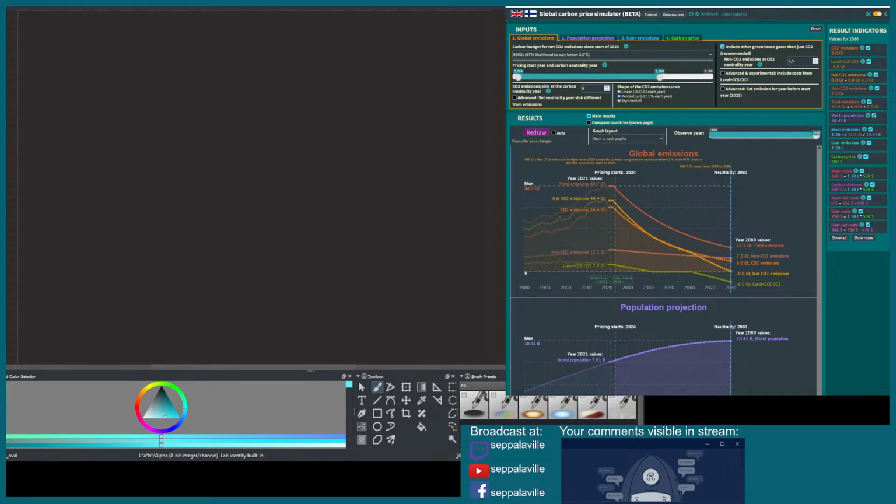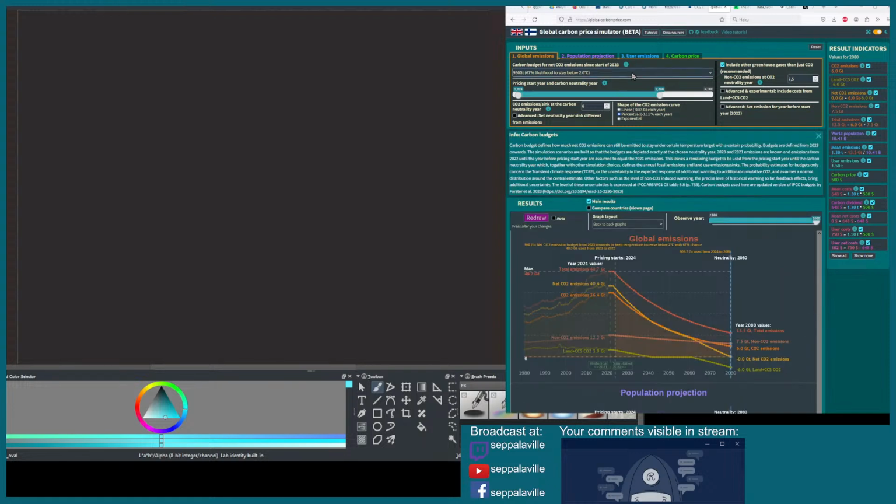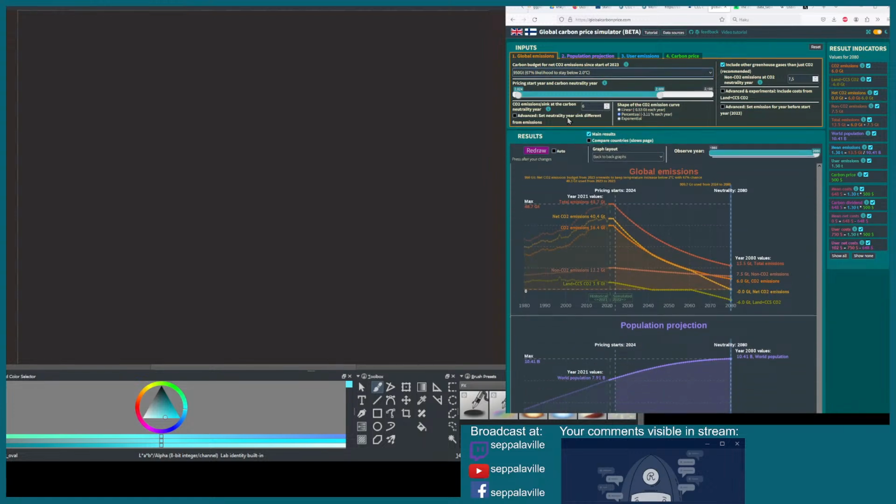So at globalcarbonprice.com, that we have here on the right, there's the website I have made that can be used to simulate the income distribution effects of a carbon price that is adequate to stop climate change at a chosen level, so a chosen temperature target actually.